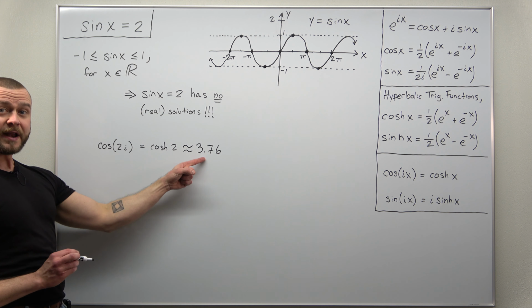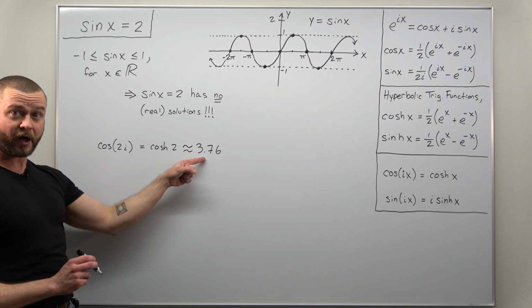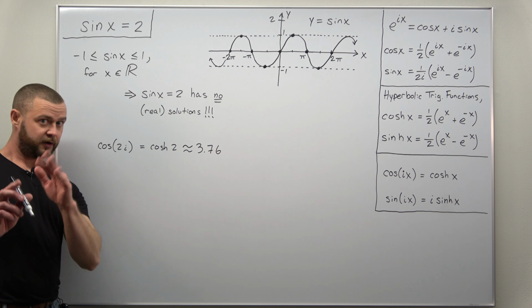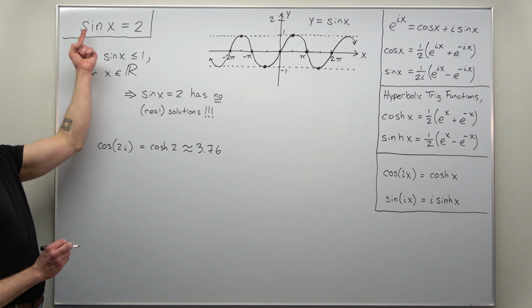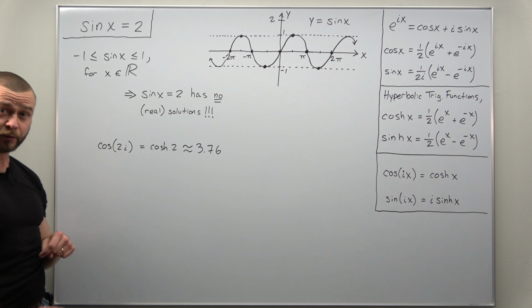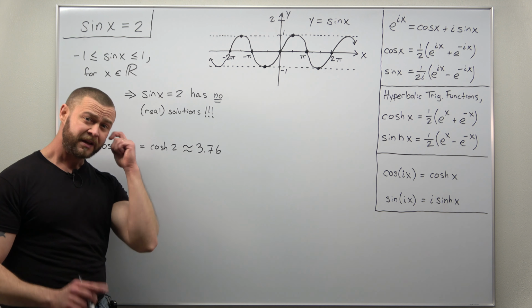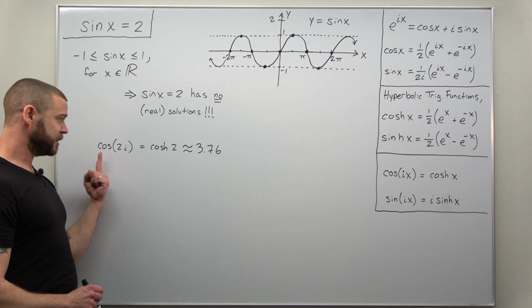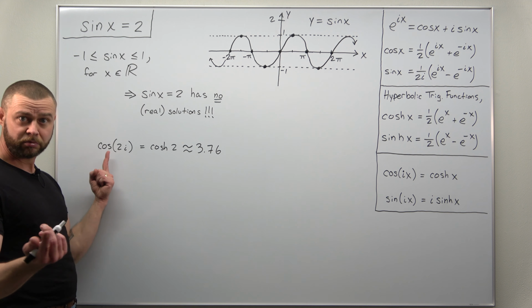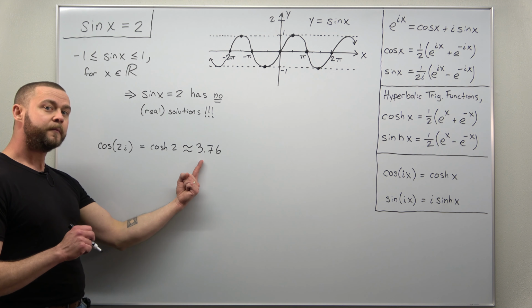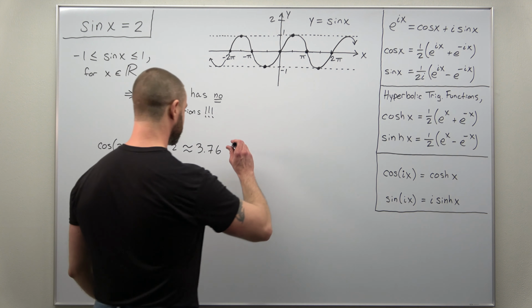And why that is important for trying to solve the equation sine of x equals 2 is that we now have a value that is bigger than 1. Again, this is cosine of 2i. We're trying to eventually solve sine of x equals 2, but at least this gives us some hope that if we use imaginary numbers and plug them into cosine and maybe sine, we can get a value bigger than 1.